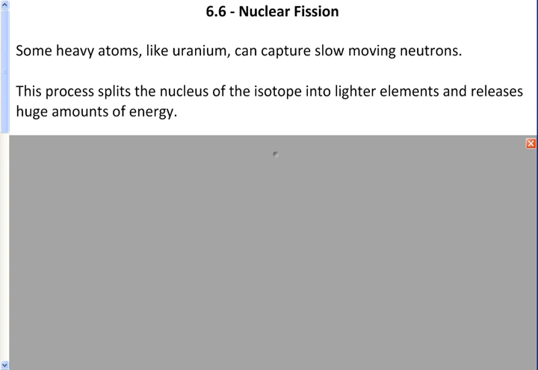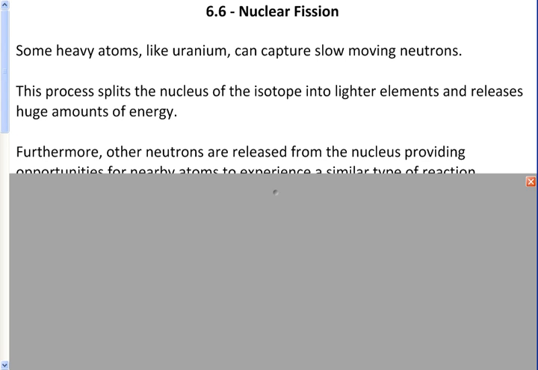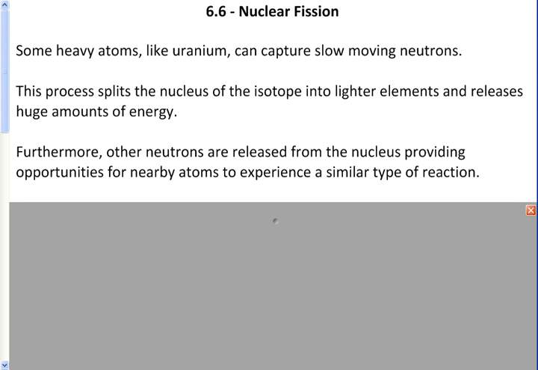When these slow-moving neutrons approach a big heavy nucleus, like one in uranium, that uranium nucleus captures the neutron, and because of the force of the collision, the nucleus splits. What we get is lighter elements, so we get some transmutation there, and we also get other neutrons, which would form a chain reaction, which is what we'll talk about in the next lesson.